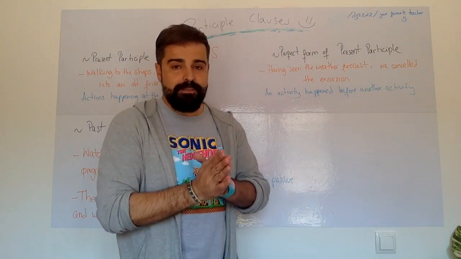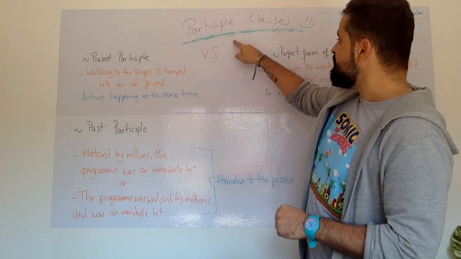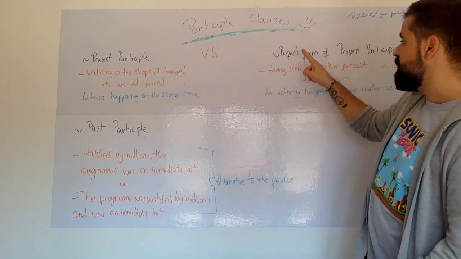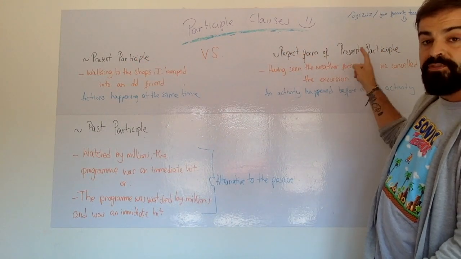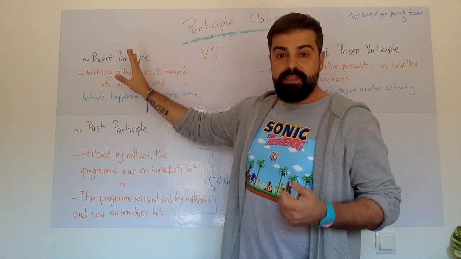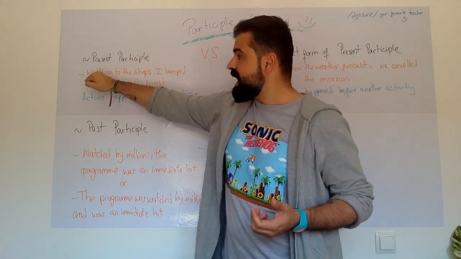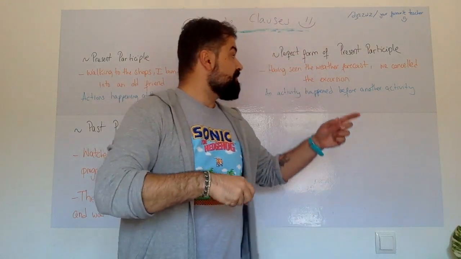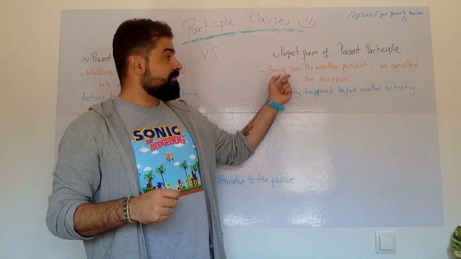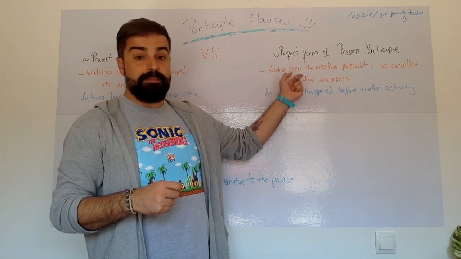Alright, so to summarize, participle clauses. We have the present participle versus the perfect form of present participles. In this type of sentences, we're going to use a gerund. In this type of sentences, we're going to use the gerund form of have and the past participle of the main verb.